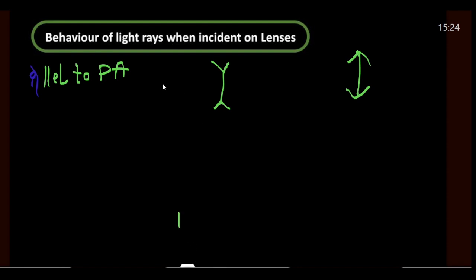Here I'm just taking the principal axis. Now, just locate the points. This is optical center O, focus 1, center 1. Optical center, focus 2 and center 2, right?